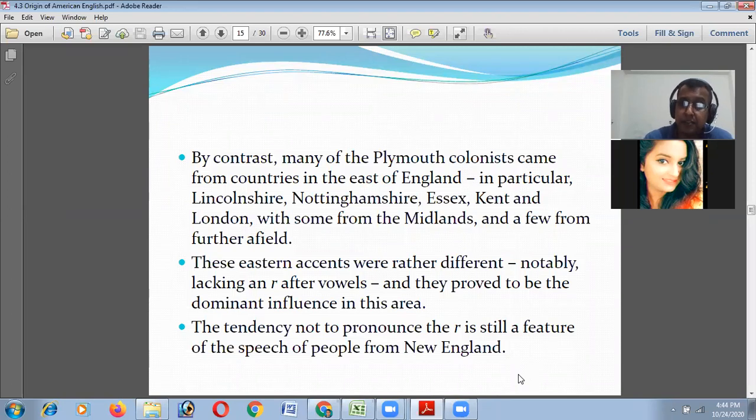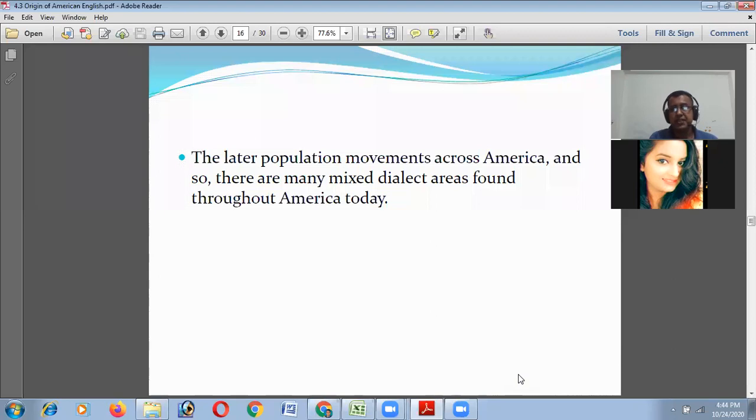Why? Because the people of this area came from the Midland, especially England, and the Midland England uses standard English, as we see in present day English in the UK. Later population movement across America created many mixed dialect areas found throughout America today.